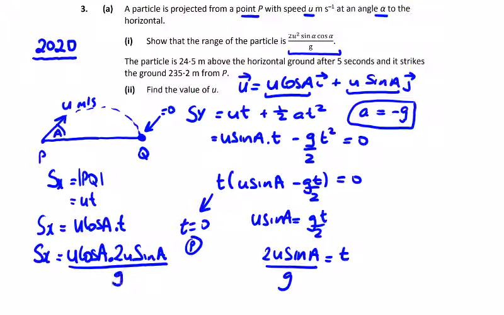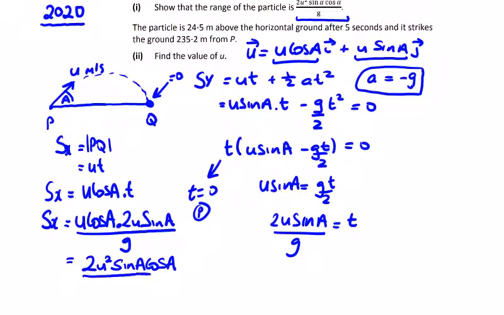Tidying this up, we get 2u squared sine alpha cos alpha over g. So that's part 1.